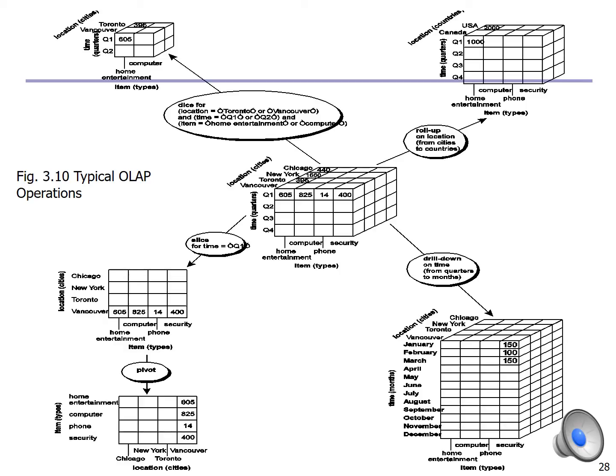And finally you have a pivot, which is the left bottom-most picture in the slide, where your x and y axis have been flipped, and you're getting a different view of the data.